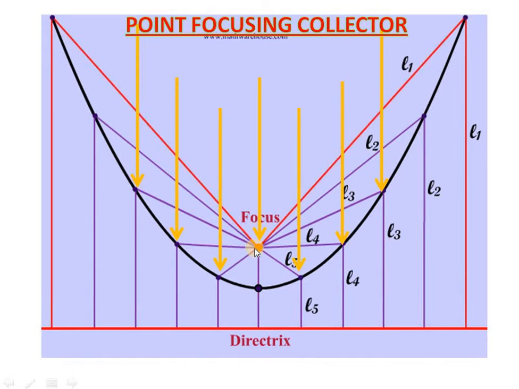Whenever light falls on this parabolic reflector, the complete light will be focused to a single point. That point is called the focal point of the parabola. Even though this is a two-dimensional diagram, you can imagine a 3D diagram. Then also the light will be entirely focused to this point, the focal point of a parabolic reflector.